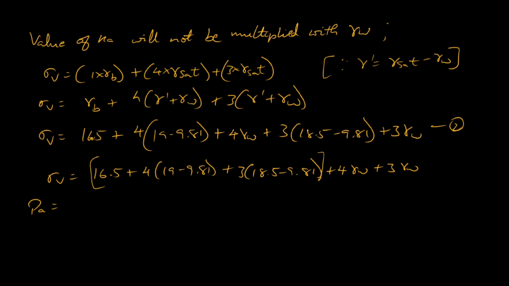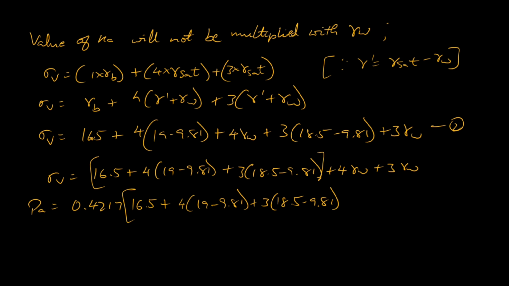So Ka is equal to 0.4217. 16.5 plus 4 into 19 minus 9.81 plus 3 into 18.5 minus 9.81 plus 7 gamma W, minus 2C.